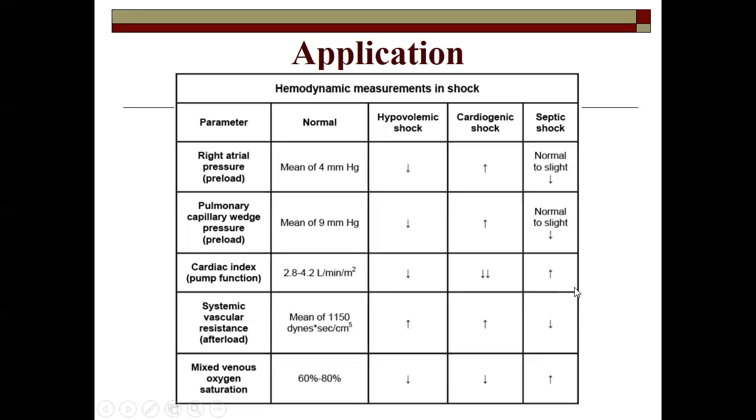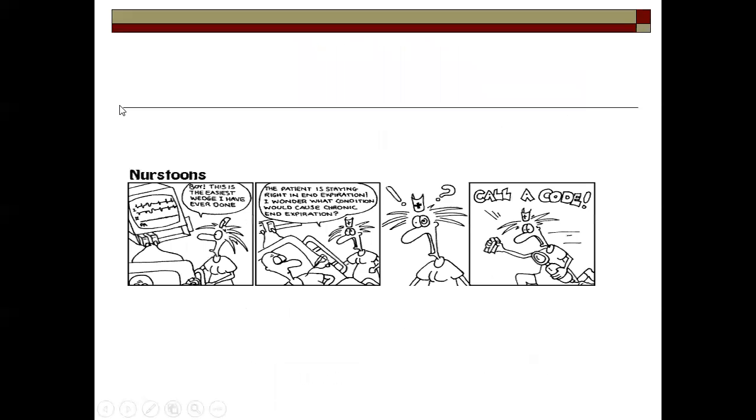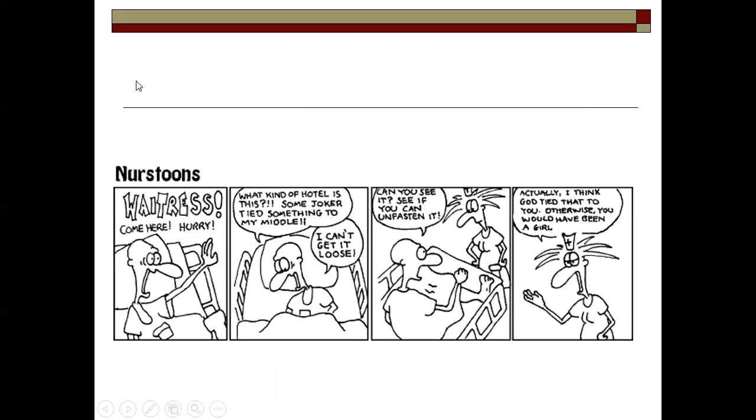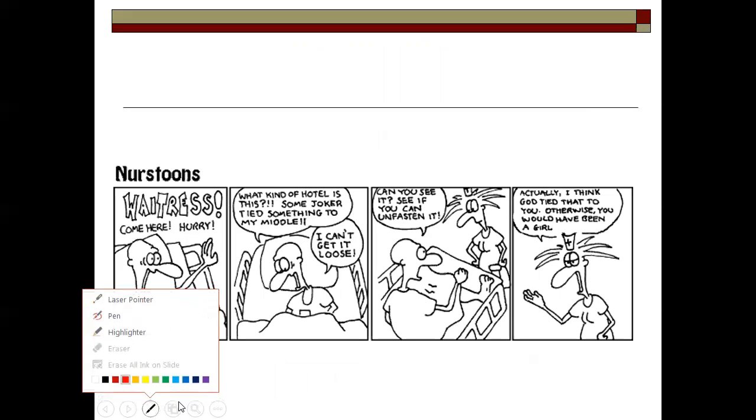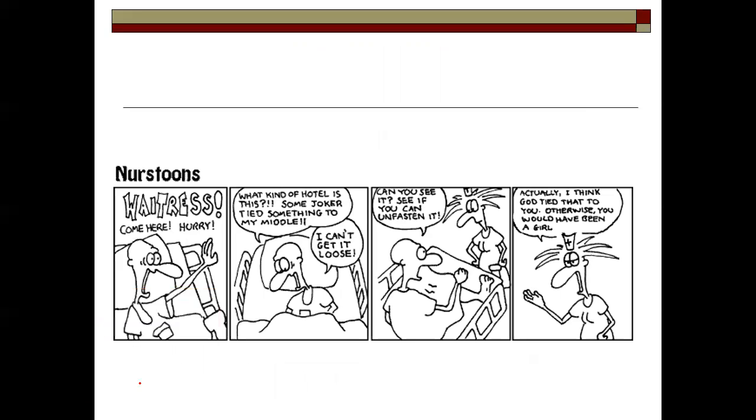So number one, we'll write down, so we're going to go systolic blood pressure, we're going to go with cardiac index, and then wedge pressures, right?